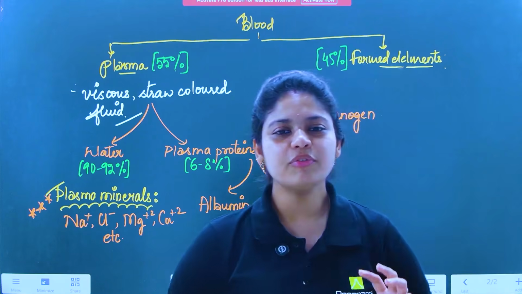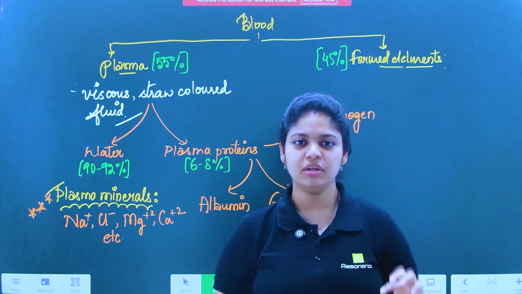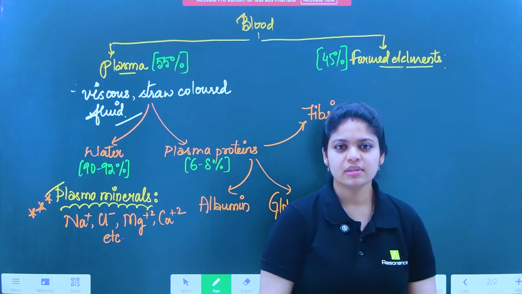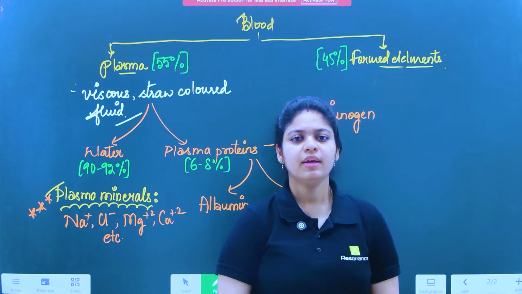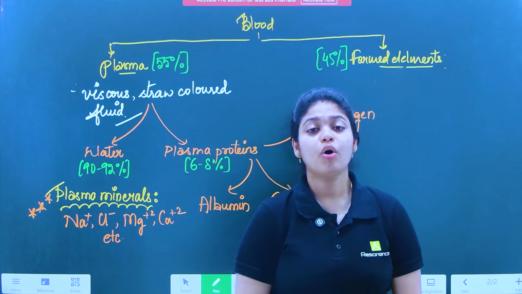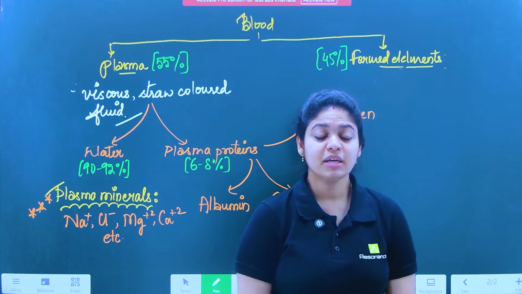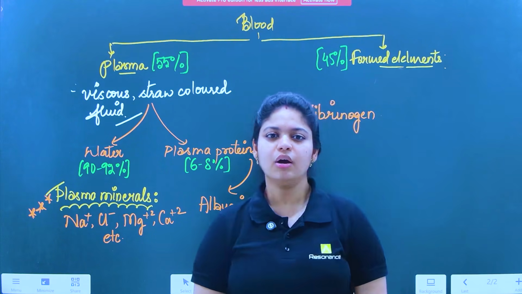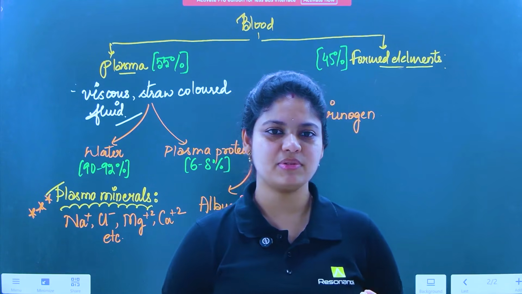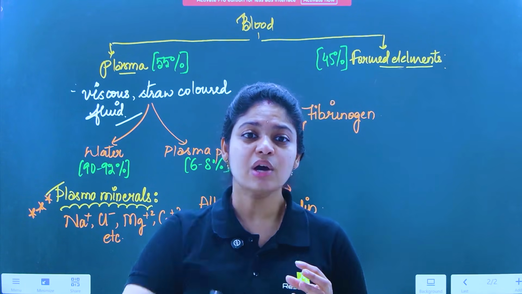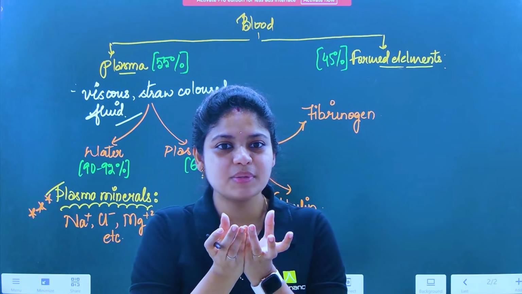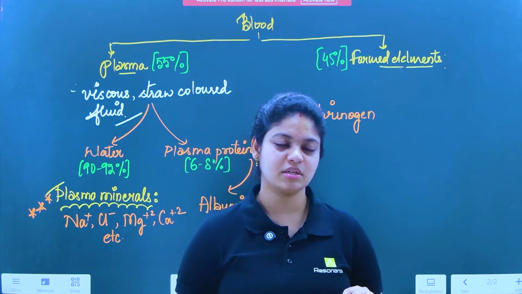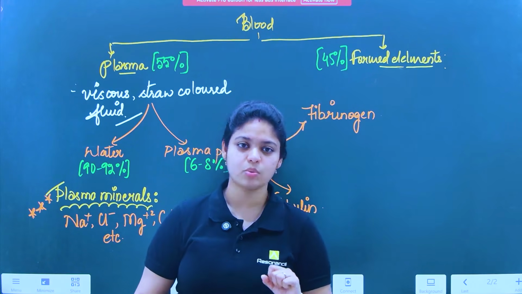Now, there is a condition in which your foot starts swelling. If you sit for a long time or stand for a long time, there is swelling in your foot. What happens is the water from the cells comes out into the external space and gets deposited, due to which you see the swelling.